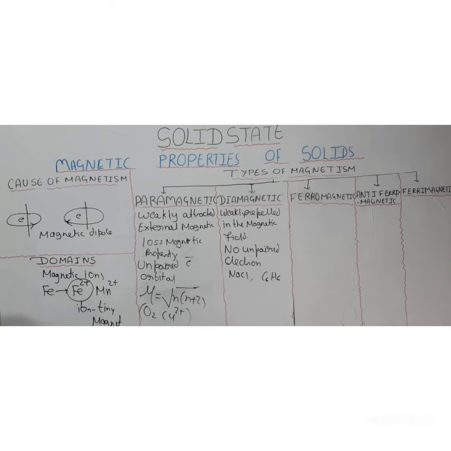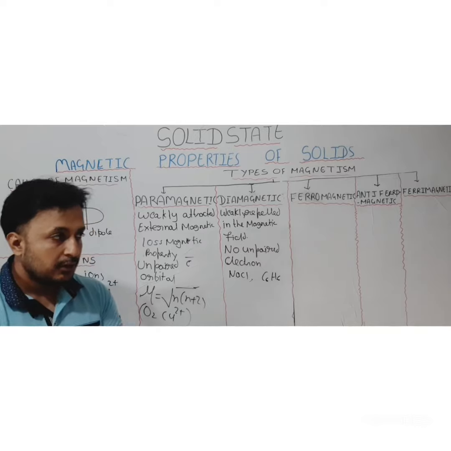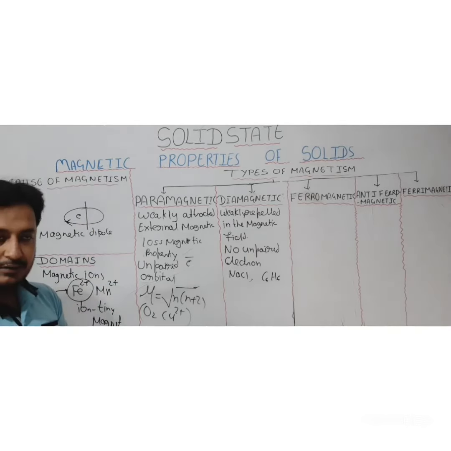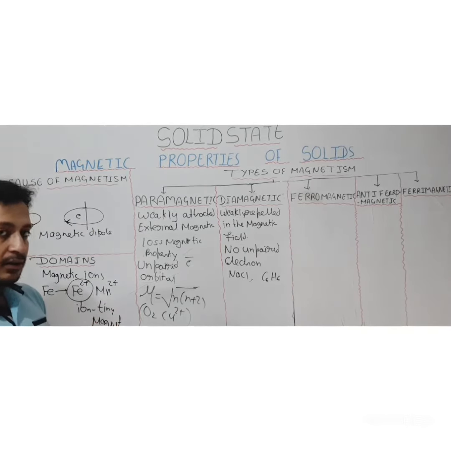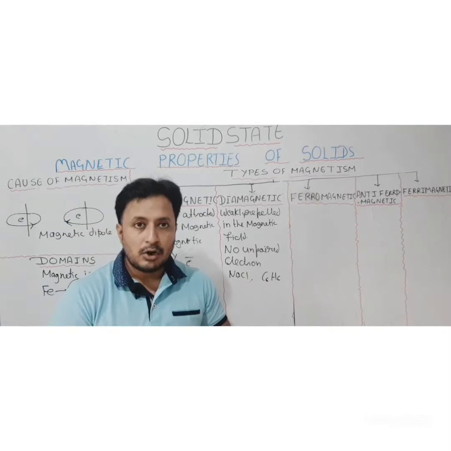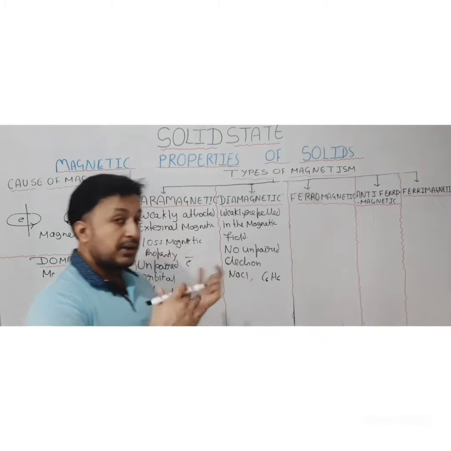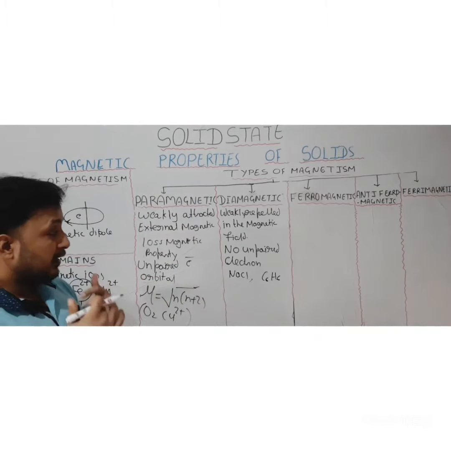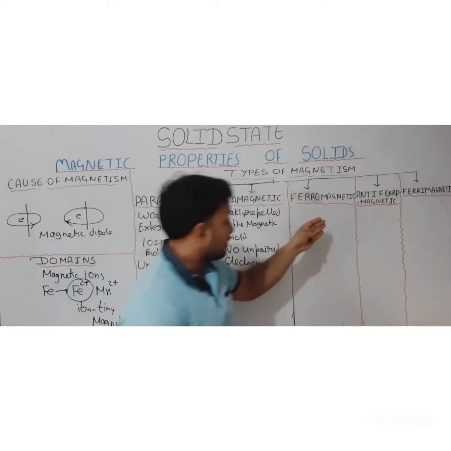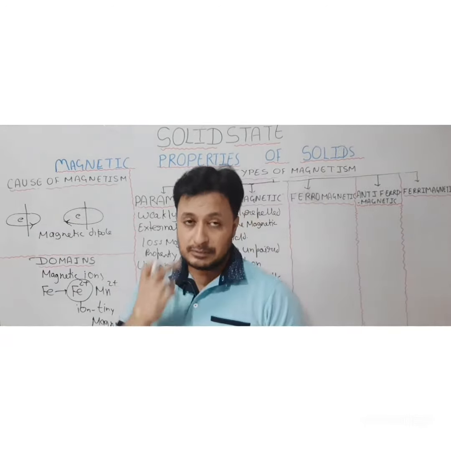Now these domains may have the same direction, or may have opposite directions, like positive and negative. Maybe all these domains will be aligned in the same direction, or maybe they can align in opposite directions. On the basis of the direction in which they are aligned, they are classified as ferromagnetic, antiferromagnetic and ferrimagnetic substances.